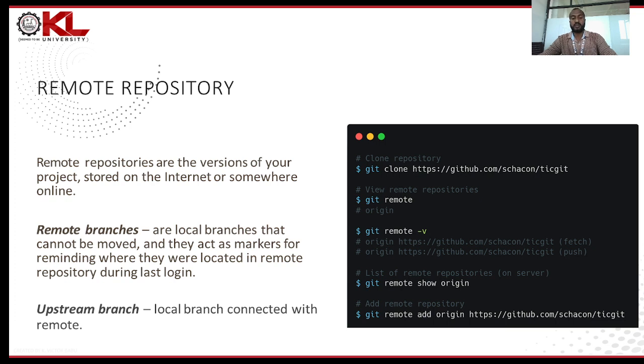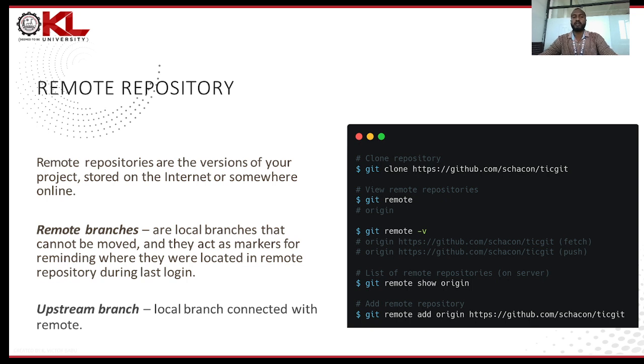Upstreaming branches: upstream means once you take that branch, you see the local branch connected with the remote. Once you have created a branch, after that you make it remote. That means it is there on the internet, and we call it upstreaming the branch.